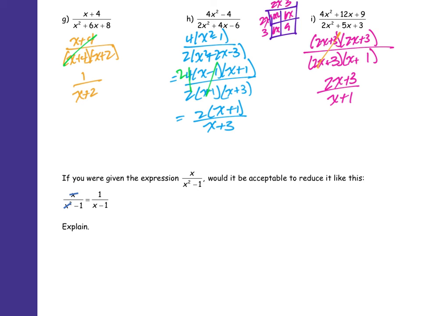It's a tough one. No. Why? Because the x up top is not multiplying by anything. If it was x times x up top, then you could take out all the x's.